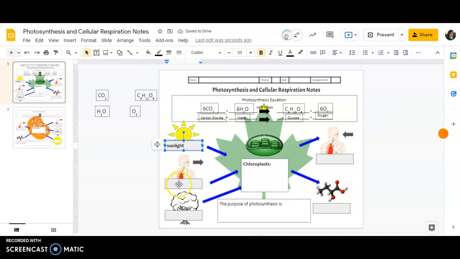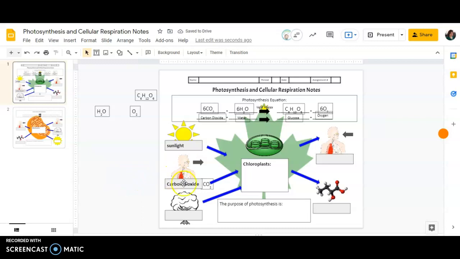Okay, and if you look at this one, this is a person with a lung, and it's gas going out. So we know that's going to be carbon dioxide. And I had the little CO2 right here next to it, because we know that's what CO2 is.